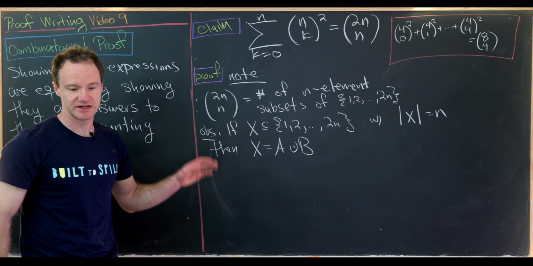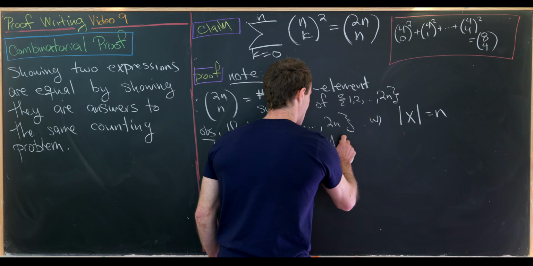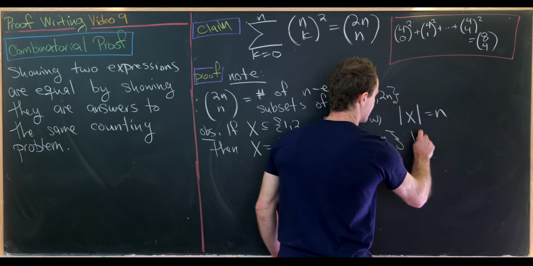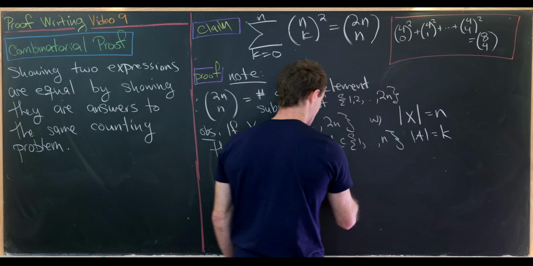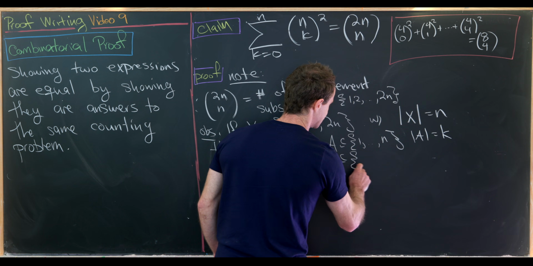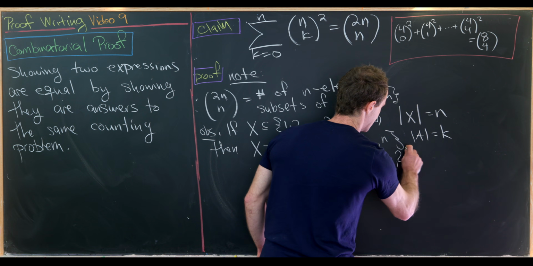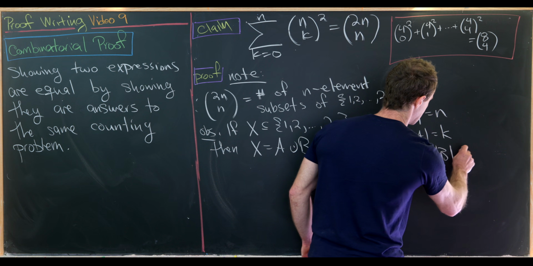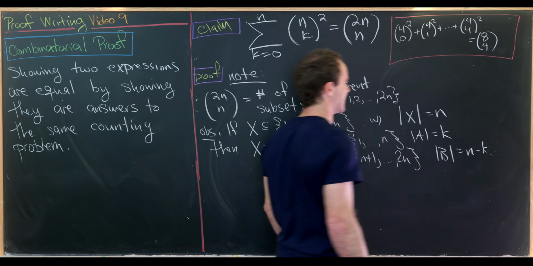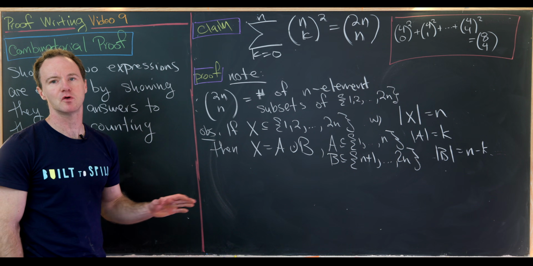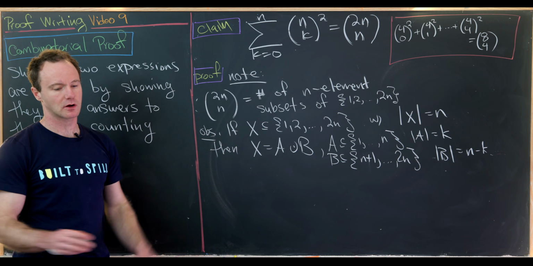So I'm using that notation again, where a is a subset of 1 up to n, where the number of elements in a is k, and b is a subset of n plus 1 up to 2n, where again b has n minus k elements. Okay, so I think this is looking good, and I think that motivates our final, what I'll call calculation.